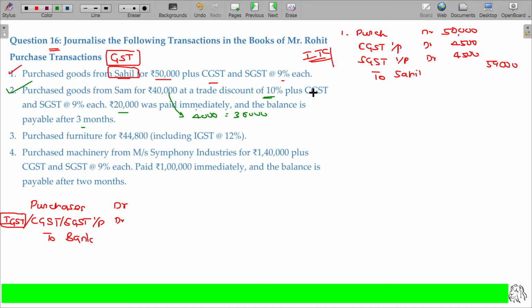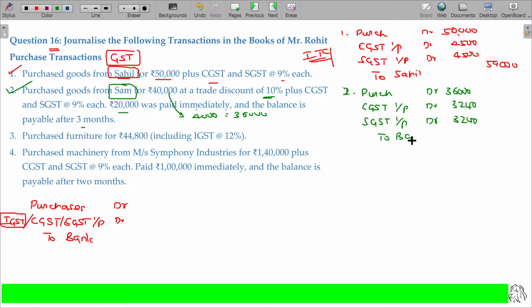Now, first journal entry. Sam, credit transaction. So you have to write Sam's name. Second, purchases debit. The value of the goods is 36,000, and CGST on inputs debit, 9% on this, is 3,240. SGST on input debit 3,240.